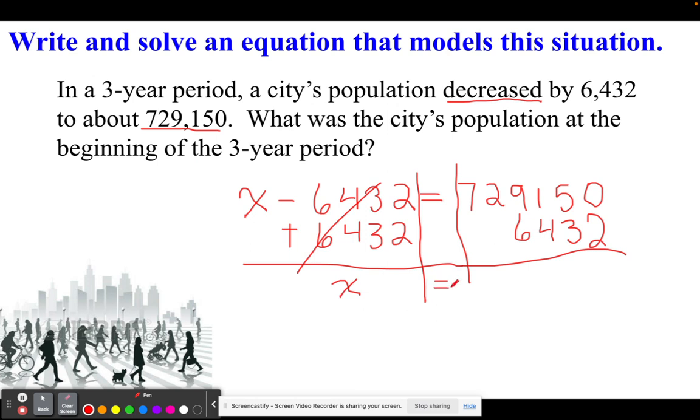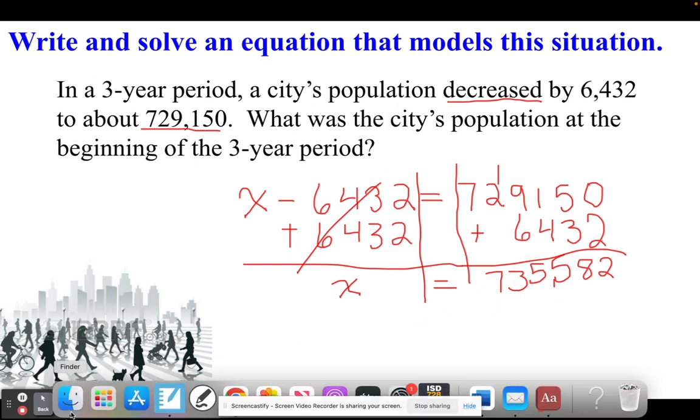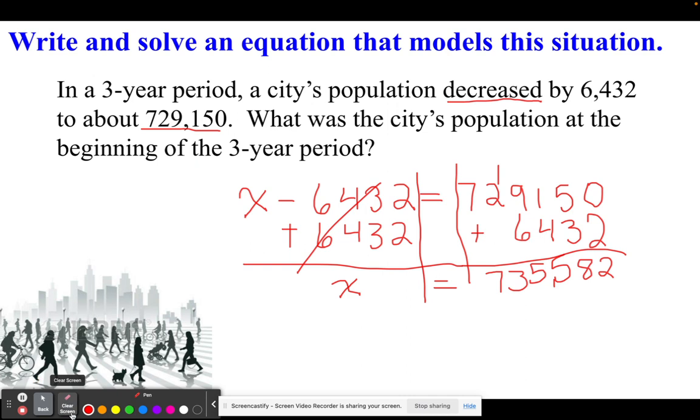So feel free. We're adding 6,432 to both sides. 2, 8, 5, 15, carry the 1, 3, and 7. My nice, beautiful handwriting. 735,582 before the population decreased.